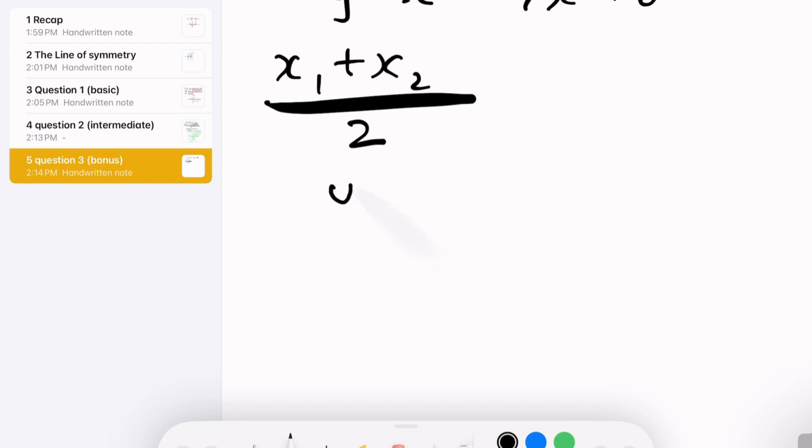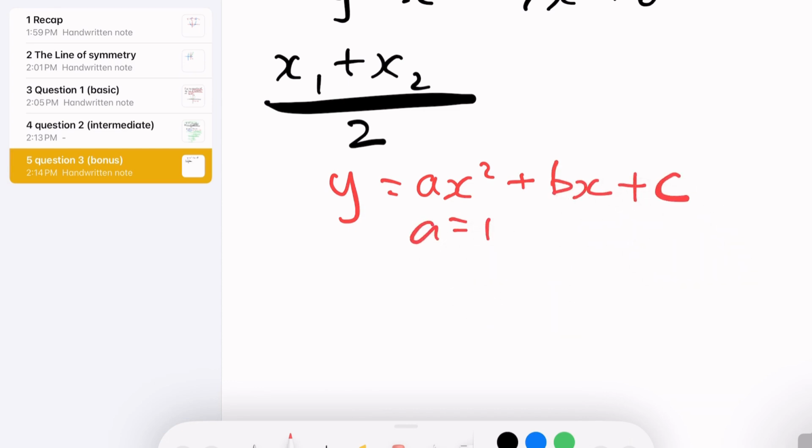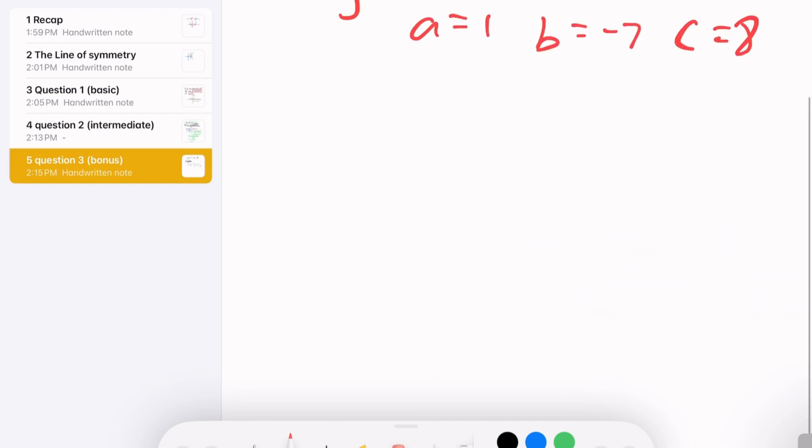So comparing the above equation with the standard form, we can see again that a is equal to 1, b is equal to minus 7, and c is equal to 8. So now we'll substitute our a, b, and c into our quadratic formula, which is x equals this.